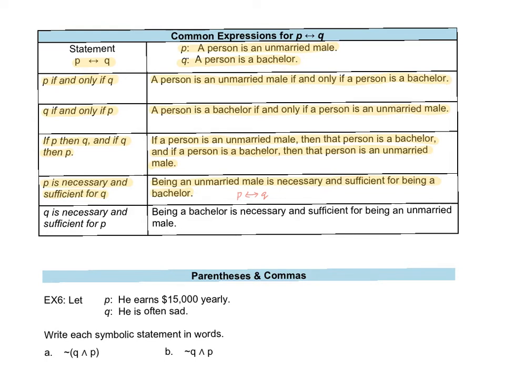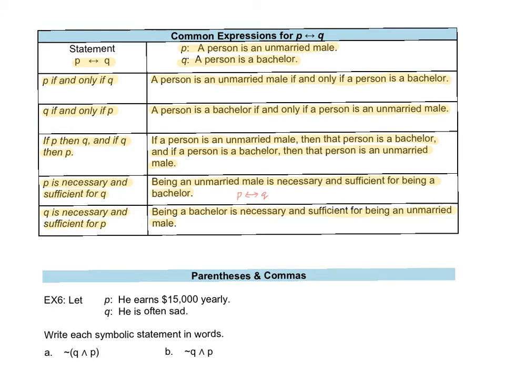What if I were to change around necessary and sufficient? What if I had Q is necessary and sufficient for P? Same thing. Being a bachelor is necessary and sufficient for being an unmarried male. It doesn't matter.